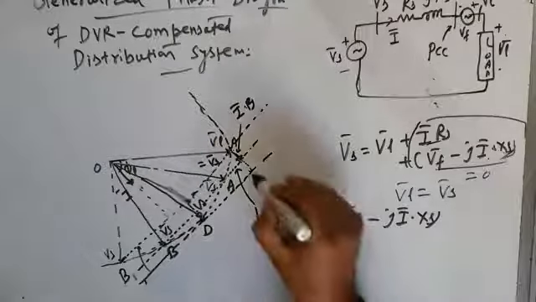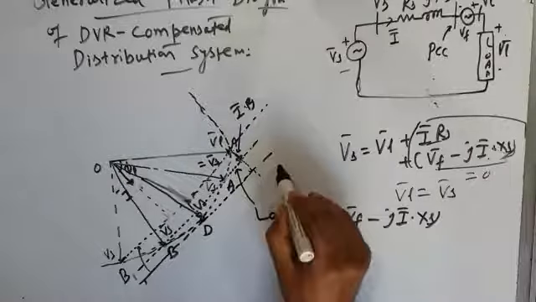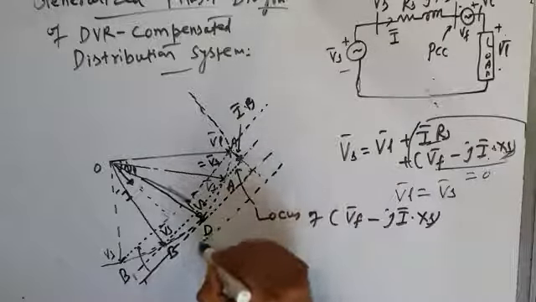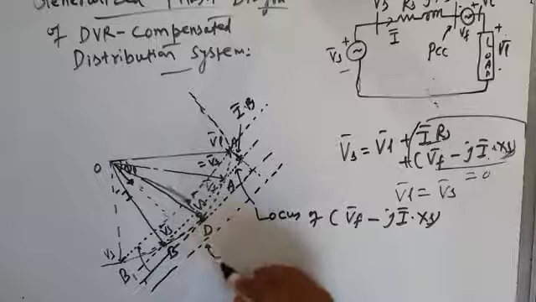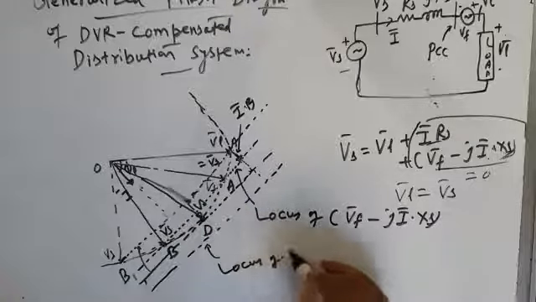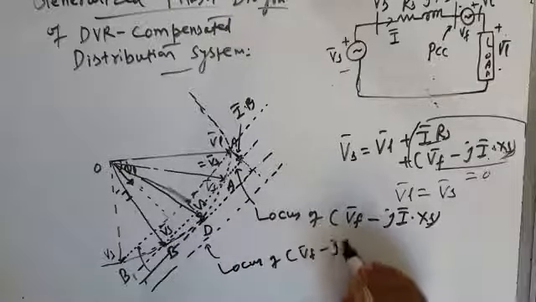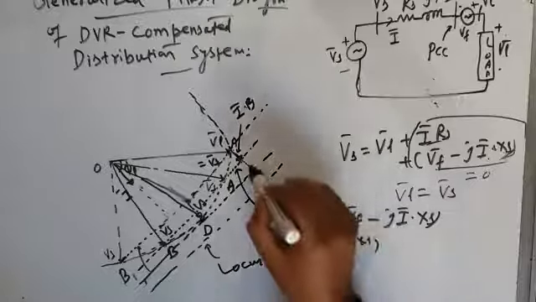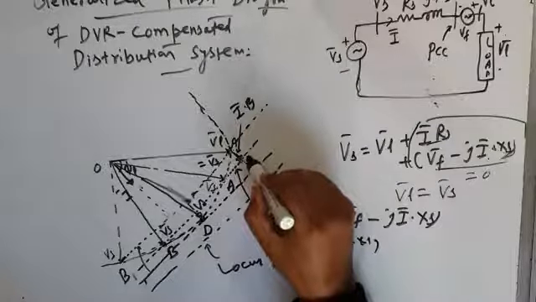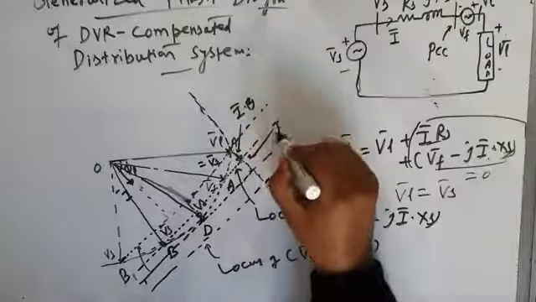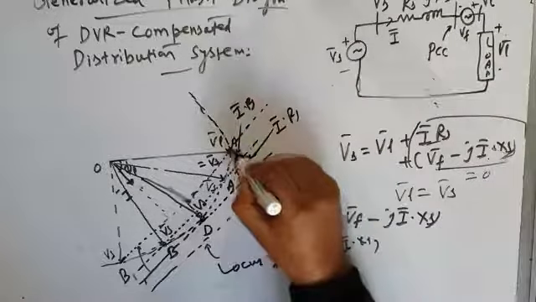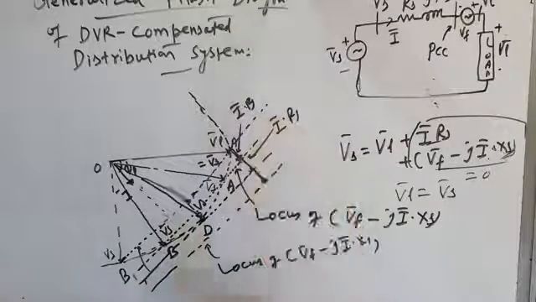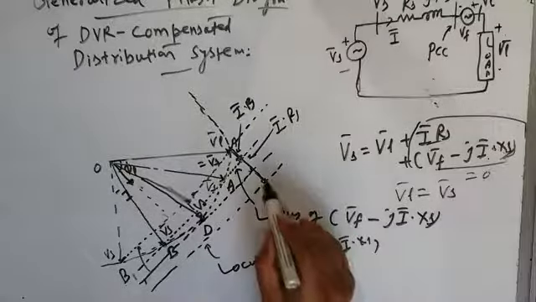And if your resistive voltage drop is even more than this, in that case this will be the locus of Vf minus jI into Xs, and this will be your resistive voltage drop. I will write here, this is I into Rs, all of this from here to here. If this is the resistive voltage drop I into Rs, what is this?